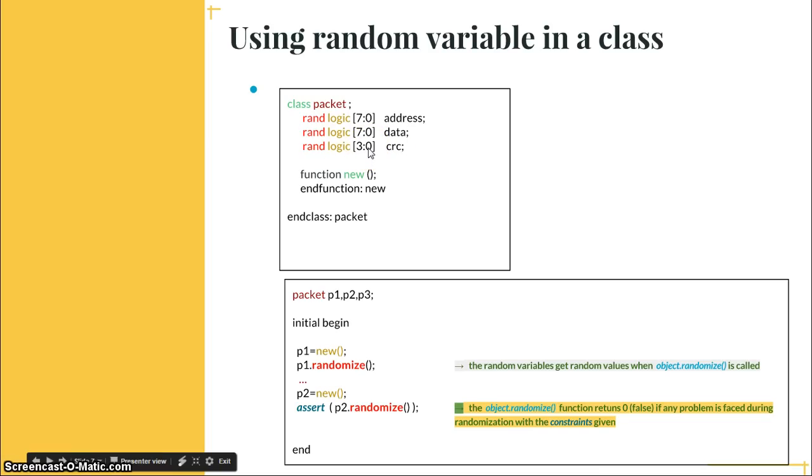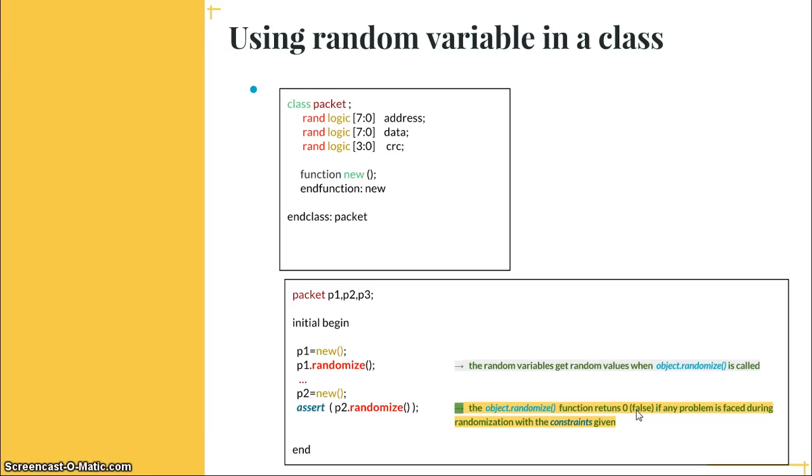Thus, if you can make your data members random, you don't need to assign individual values to those data members. You just need to call a function called randomize, and those data members will get random values automatically. There is another point that I would like to emphasize here. When you call object.randomize, it will return a false value, or zero, if there is any problem encountered during the randomization process.